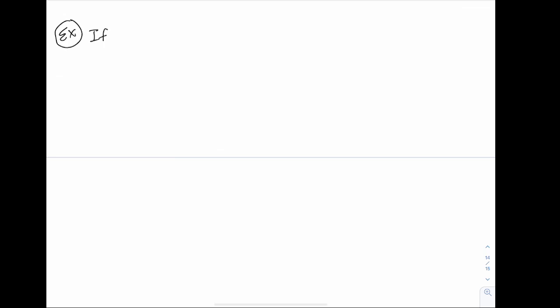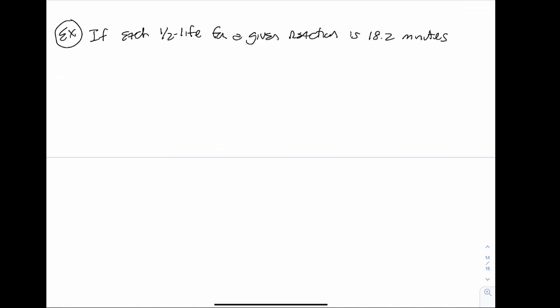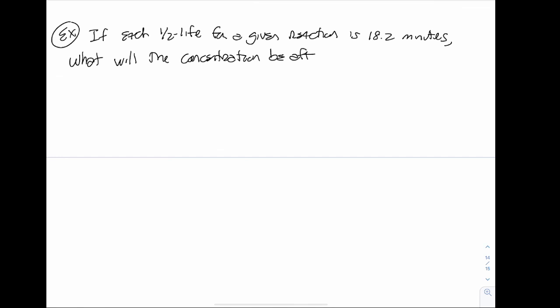So this one, if each half-life for a given reaction is 18.2 minutes, what will the concentration be after 450 seconds if the initial concentration was 2.4 molar.